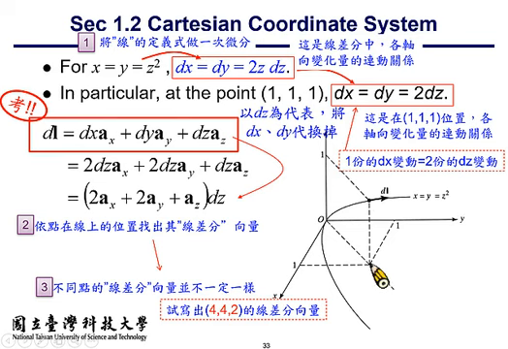So if x and y are 1, then there will be 2 points that can stay on this line. That will be (1, 1, 1) over here, and (1, 1, -1) down there, right? So actually, if you have x equals 1, y equals 1, you have 2 solutions for z. That will be positive 1 and negative 1, right?